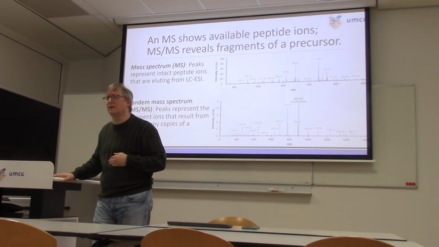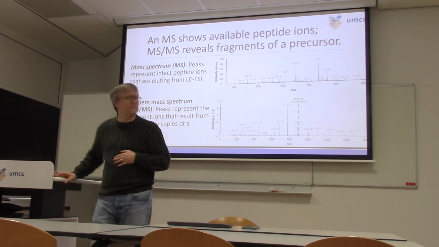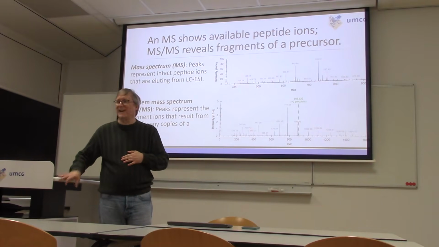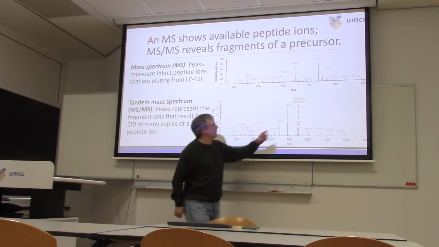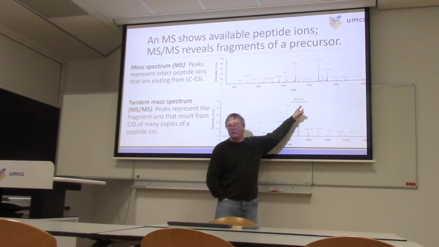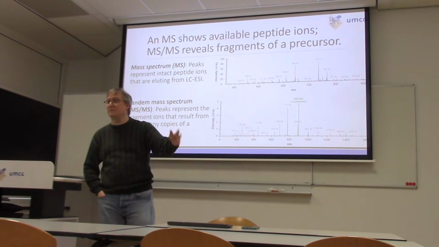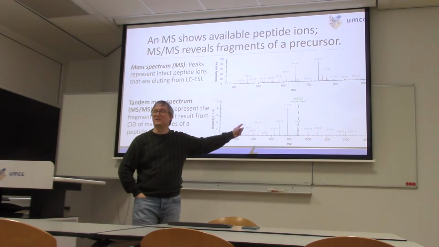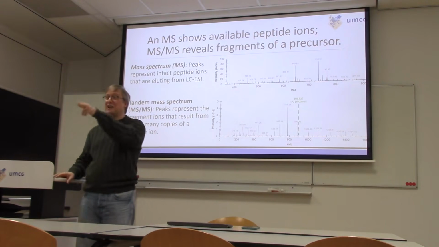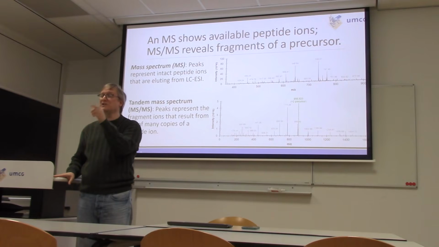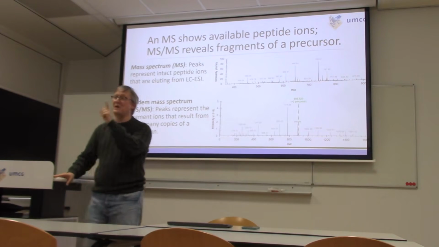Yes, sir? But if you use a precursor, in this case it's like 898, how can you have a mass that's higher than that? Ah, very good. Okay. So this is the mass to charge of the precursor. How could any fragment from it be higher in mass to charge than the precursor? There's a difference between how you asked the question and how I answered it. Because what you said is, how could the fragments have more mass than the precursor? But they don't.